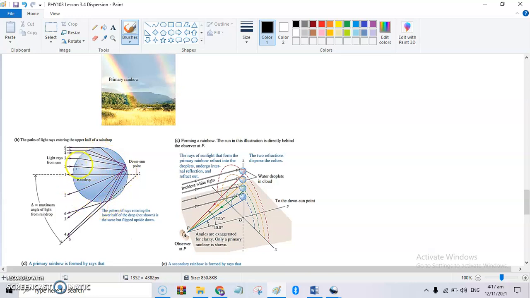So this is the raindrop, and this is the sun's direction. As light enters the raindrop, it produces different light rays. The pattern of rays entering the lower half of the drop is the same but flipped upside down. So these rays are our different colors of the rainbow.